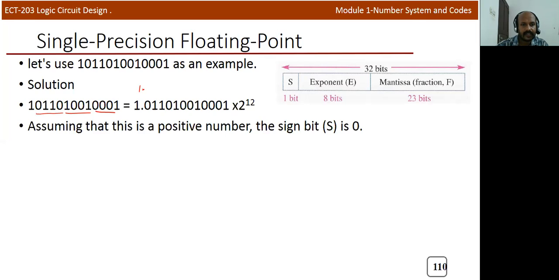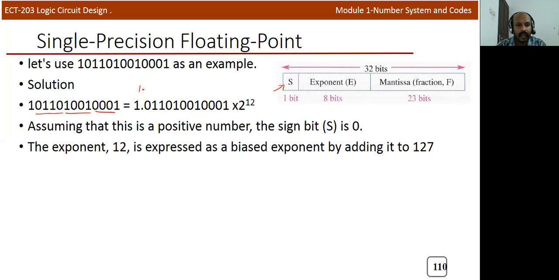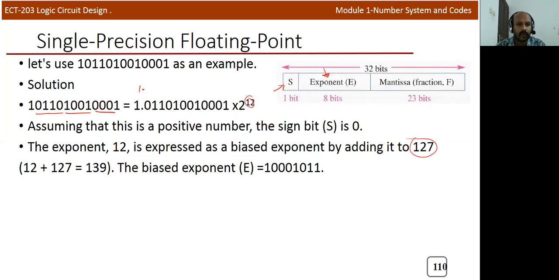Next step: the number is positive, so the sign bit is equal to 0, and the MSB will become 0. Here you can see the exponent is 12. Before writing the exponent at this point, we will add 12 plus 127. So we get 139, and the binary value of 139 in 8 bits is written here.